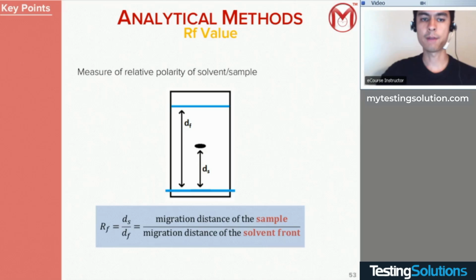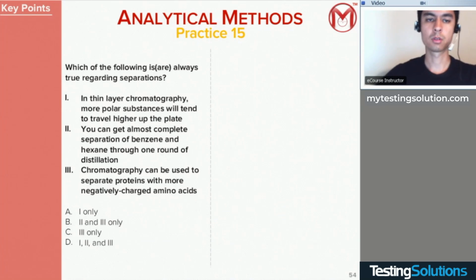So the RF value will be the distance traveled by the sample divided by the distance traveled by the solvent front. So an RF value very close to 1 means that the compound, the sample, traveled very well. It's almost identical to the mobile phase. And an RF value close to 0 means it doesn't really like the mobile phase at all. It just stays with the stationary phase. Okay. So with that, let's try out this problem.